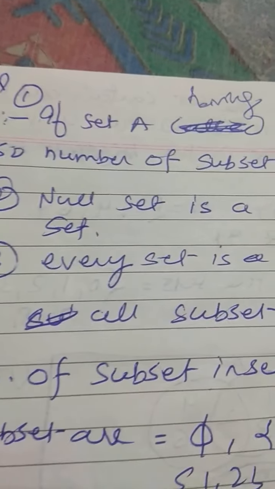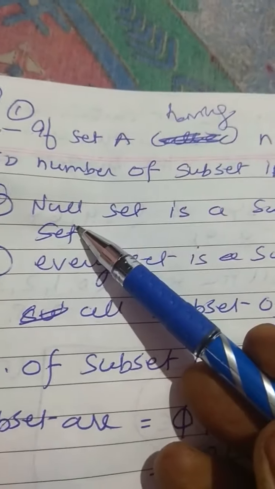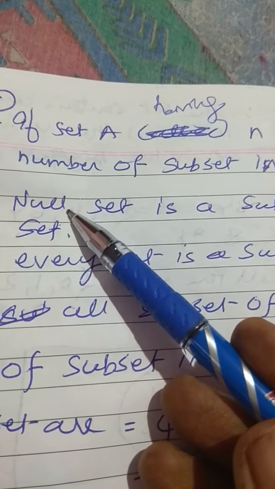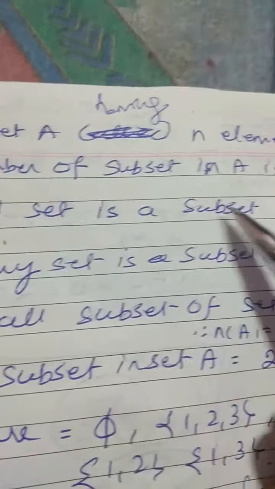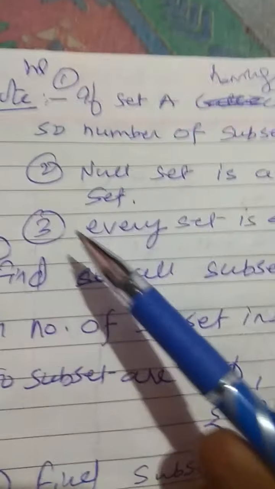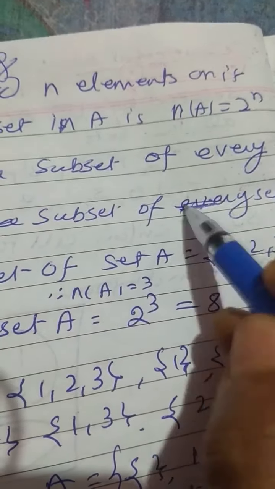Second point is that the null set, void set, or empty set is a subset of every set. You can remember it: null set, void set, or empty set, these all mean the same, is a subset of every set. Third point, every set is a subset of itself.